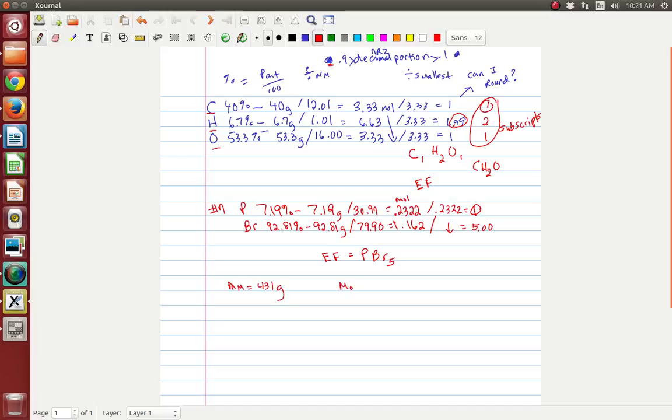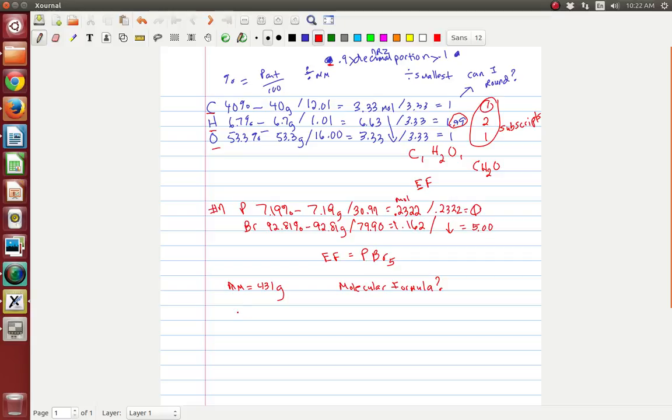They want to know the molecular formula. Remember that the molecular formula is basically the empirical formula multiplied by some factor. If the empirical formula is exactly the same as the molecular formula, the multiplication factor would be 1. If it was twice, the factor would be 2, and you'd multiply the subscripts each by that 2.